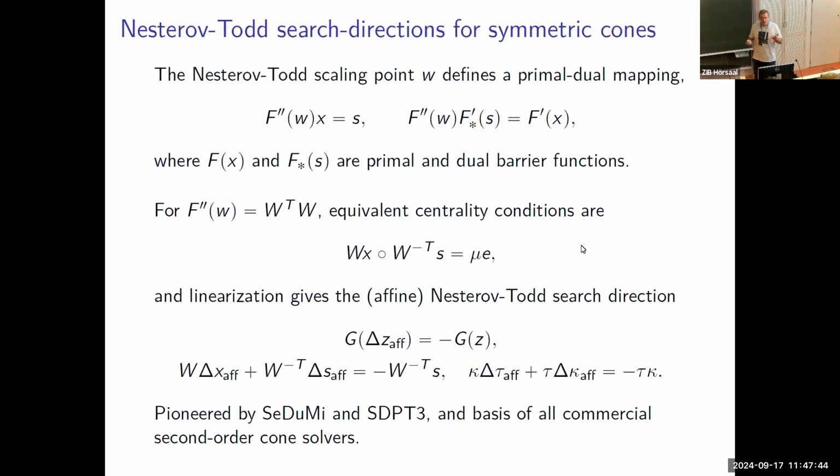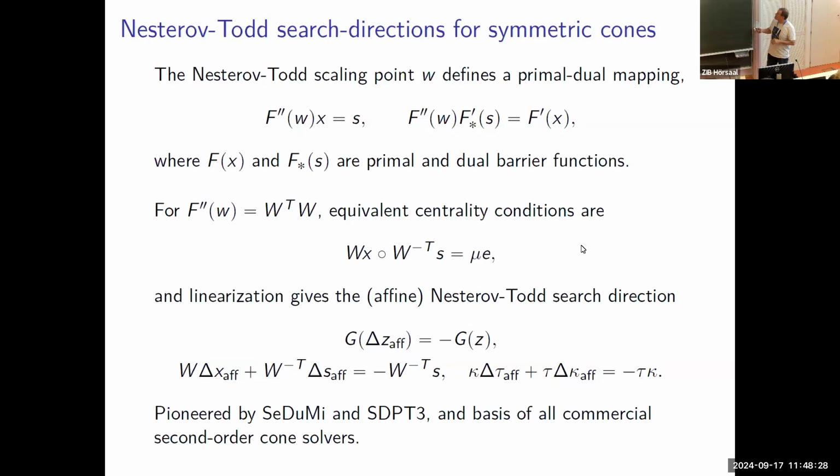You can represent your complementarity conditions differently by scaling X and S by some matrices that come from the Hessian of your barrier at a special point. That is called a Nesterov-Todd scaling. It doesn't matter what the matrix is. The thing is you have an equivalent recharacterization of the central path where this is a product. For linear programming, it's just an element-wise product. For second order cone or SDP, it's something else, but it's still a simple bilinear product.